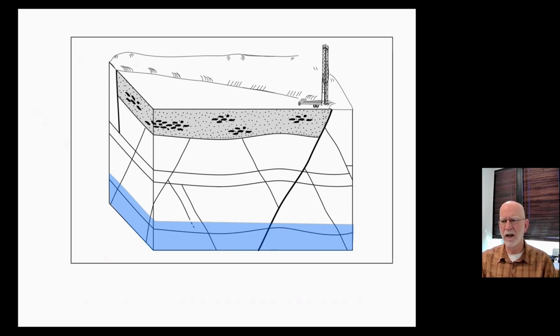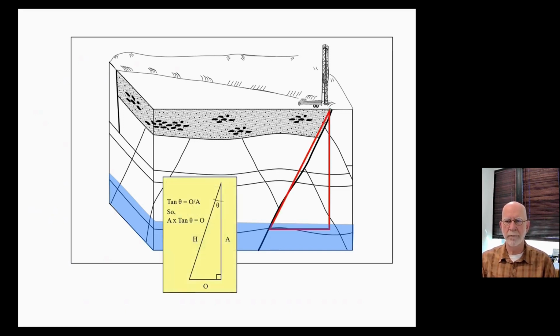Well, we can do some real simple math and address this issue. So if we've got a triangle here, and that triangle, like any right triangle, a right triangle is the one where it's got a 90-degree angle, and that's what we're talking about here. It's straight down, so it's turning 90 degrees. This is a right triangle, and it's got three sides: the adjacent, opposite, and hypotenuse is what we call them.